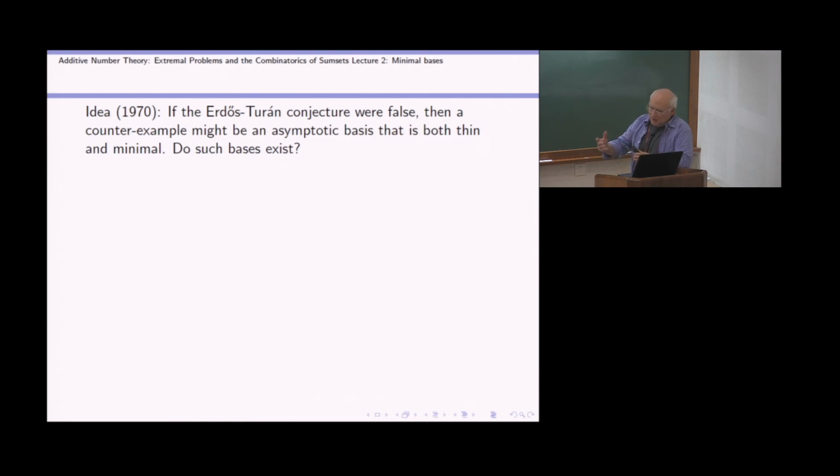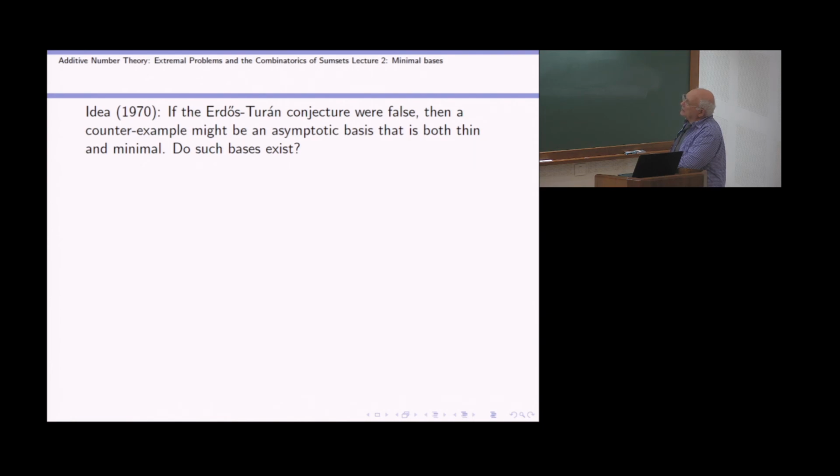If you have a basis and you can throw away some elements and still have a basis, that only reduces the number of representations. So try to get a minimal one to start. Or maybe you want something small in terms of the distribution of elements, the rate of growth, a thin basis. So the idea was that maybe a counterexample would be an asymptotic basis that is both thin and minimal.